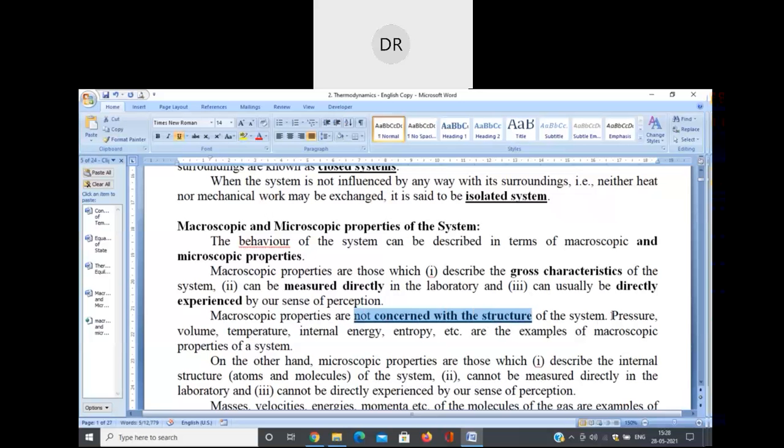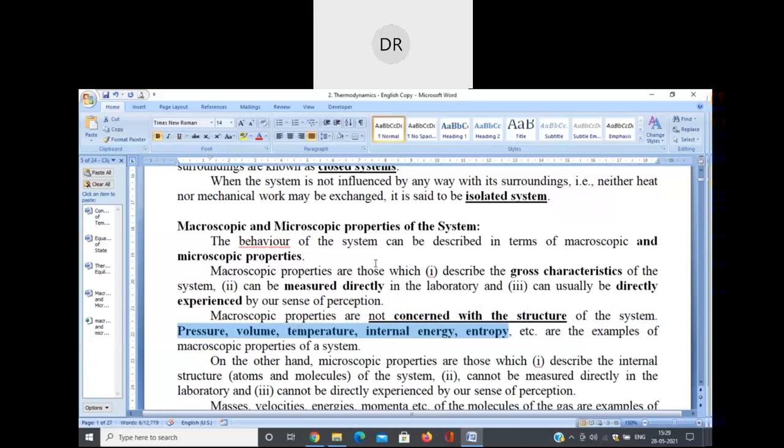Those very important properties are pressure, volume, temperature, internal energy, and entropy. Macroscopic properties that are important physical parameters in thermodynamics are pressure, volume, temperature, and entropy.